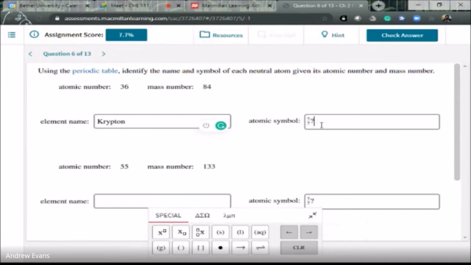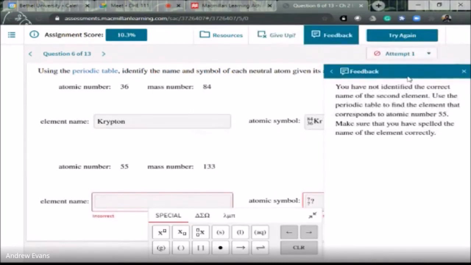Now here, they want us to put in the elemental symbol. The subscript should be the atomic number, and the one up top, the superscript, is just the mass number. Just delete the question mark and fill that out.